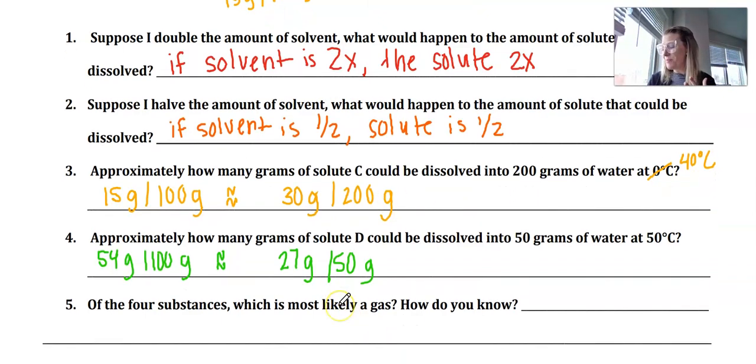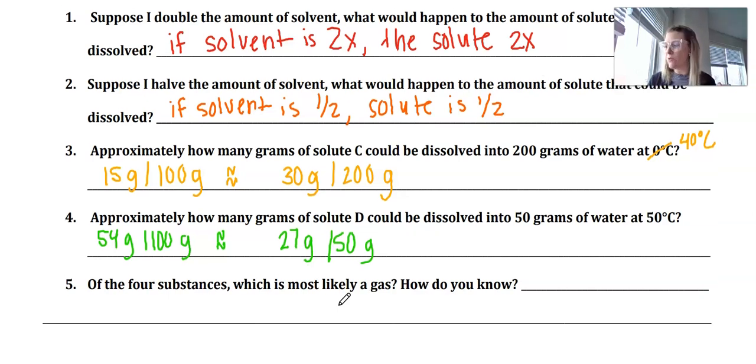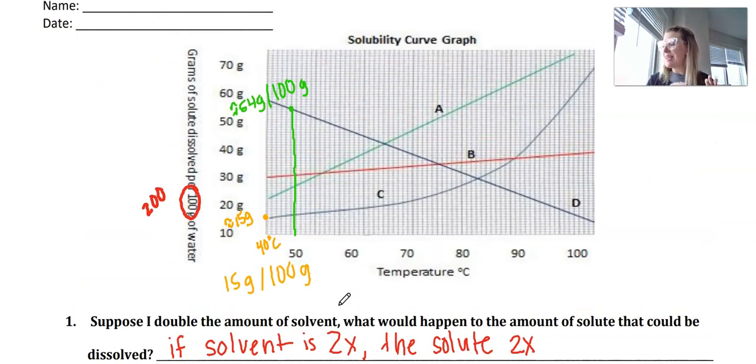Okay, last question. Of the 4 substances, which is most likely a gas, and how do we know? Looking back, we have A, B, C, and D. And remember, we talked about this in class, but for solid solutes, with an increase in temperature, there is an increase in solubility.